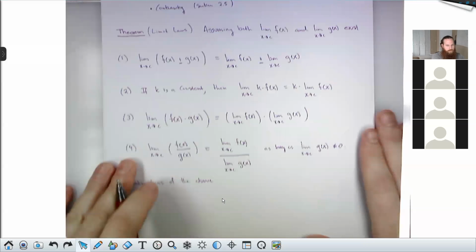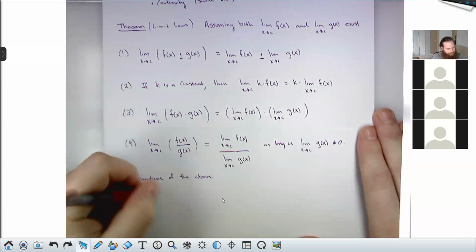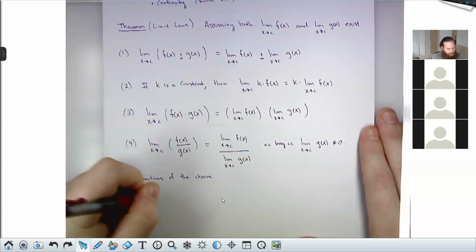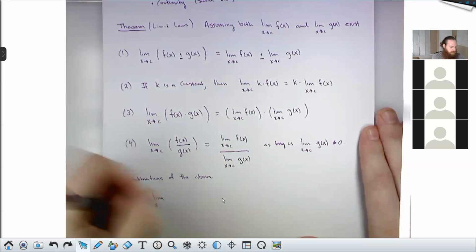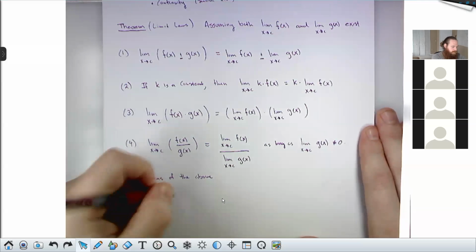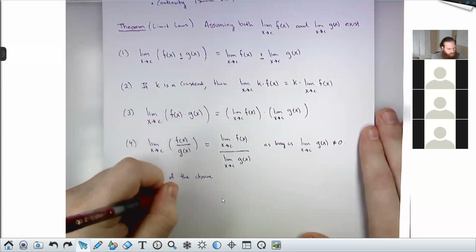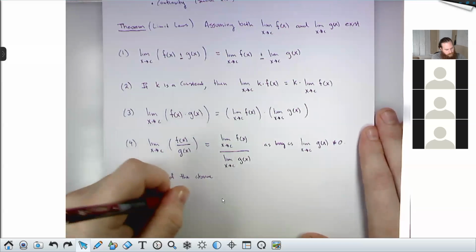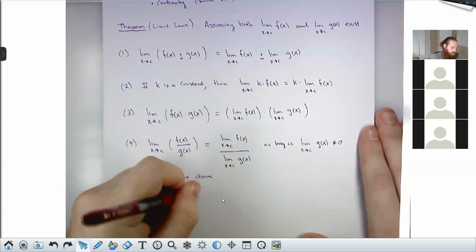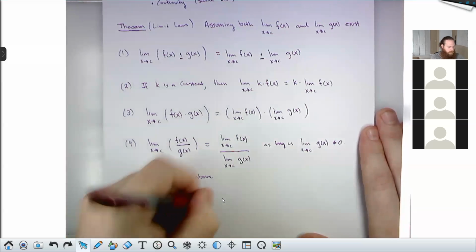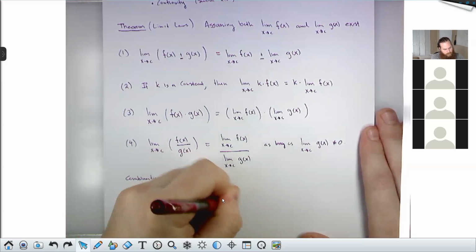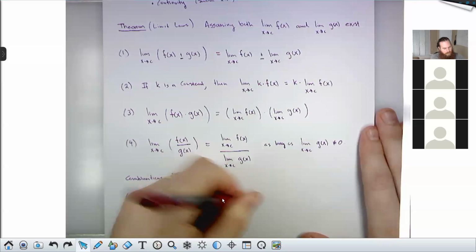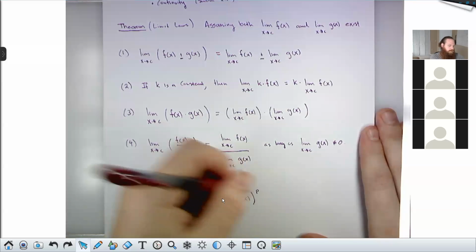Combinations of the above give, I'll call this 5: the limit as x approaches c of some power, f of x raised to the p, is the same as the limit of f of x, all raised to the p.